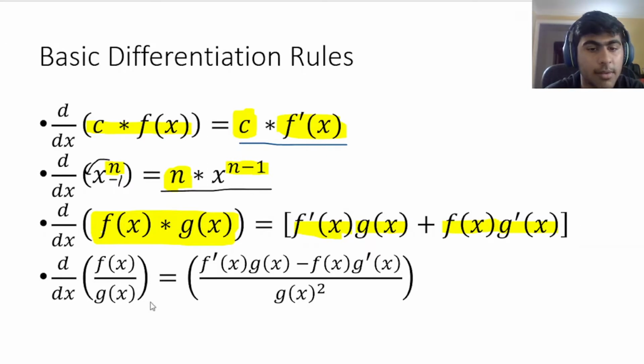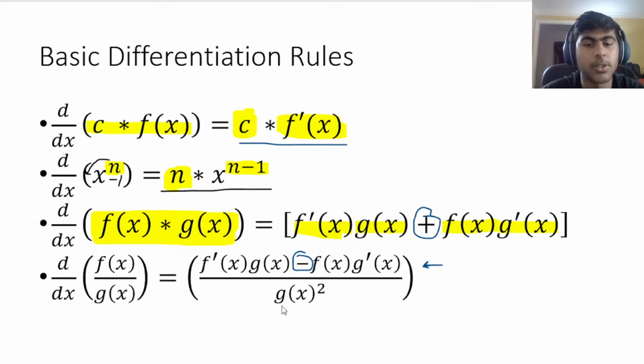Now we have the quotient rule, which looks a lot more intimidating, and it kind of is, but it's not that much different than the product rule. As you can see, the top part is almost exactly the same. It's just that in here we have a subtraction sign instead of an addition sign up here.